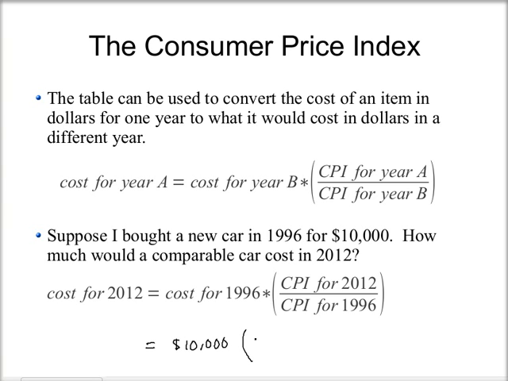If I look at my table, the CPI for 2012 is 232.0, and the CPI for 1996 was 156.9. So if I put that in my calculator, I can get the cost for the same kind of car in 2012 would be $14,786.49.